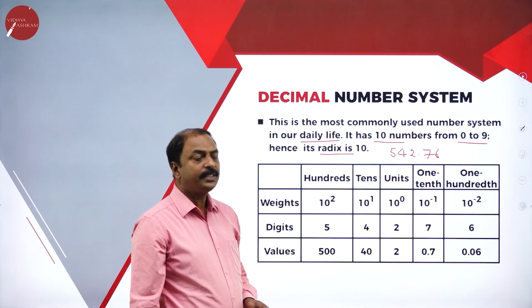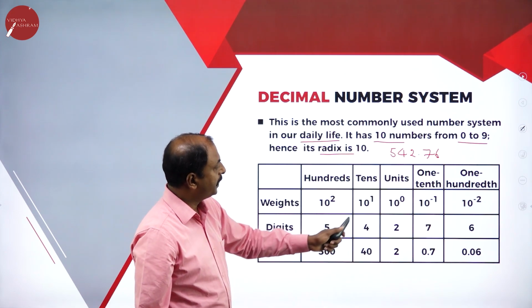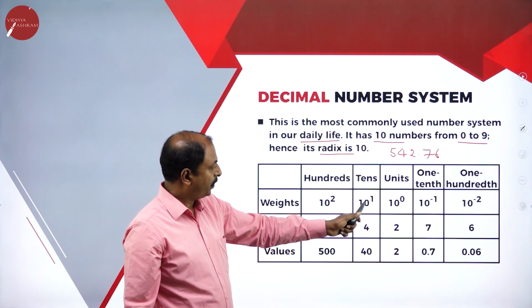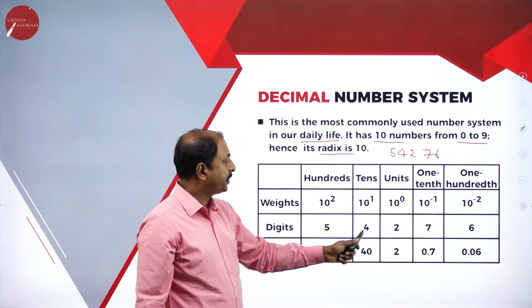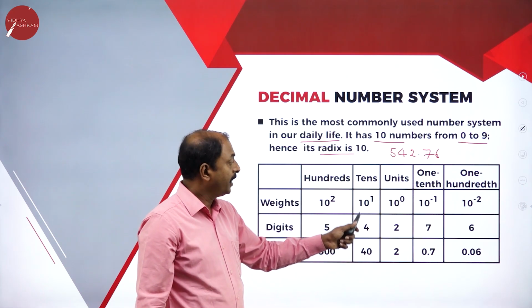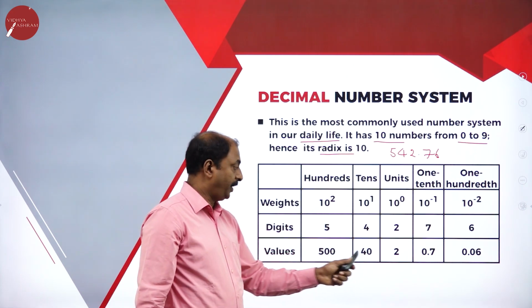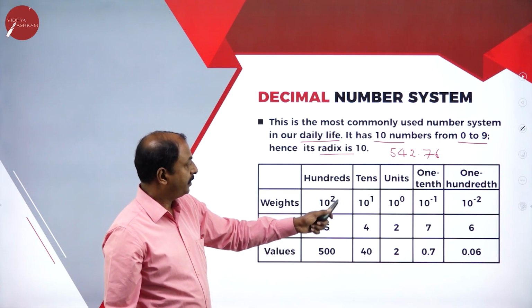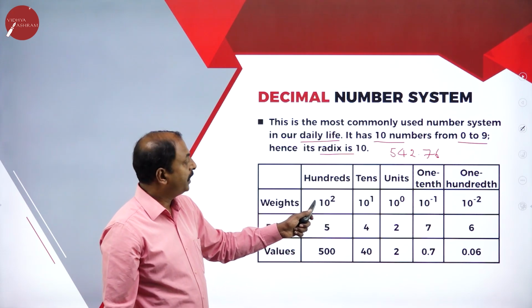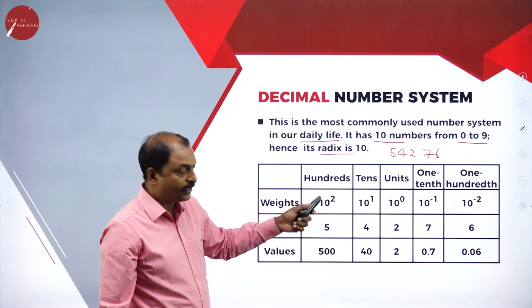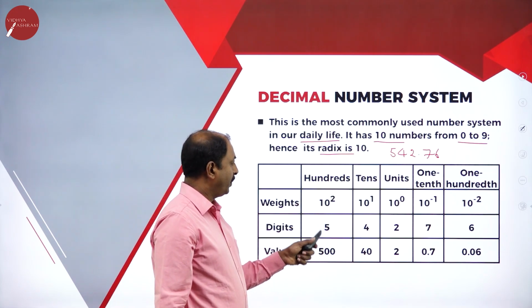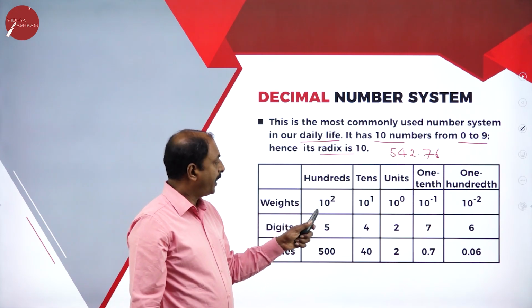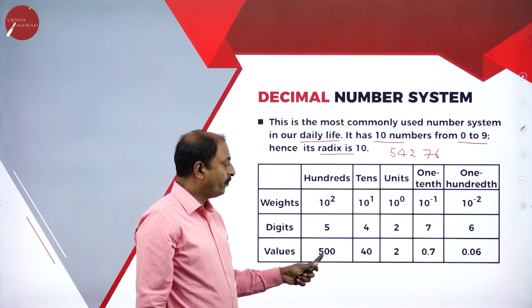We represent this as 2. 10 to the power of 1 is 10, multiplied by 4, that is 10 into 4, 40. So its value is 40. And here the position is 2, so 10 to the power of 2, or 10 squared, is 100, and 5 into 100 is 500.